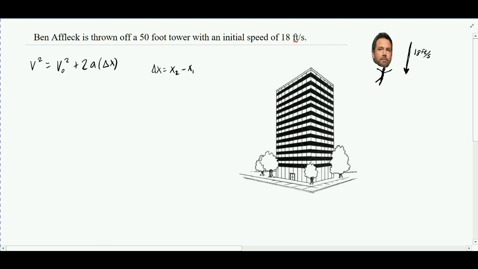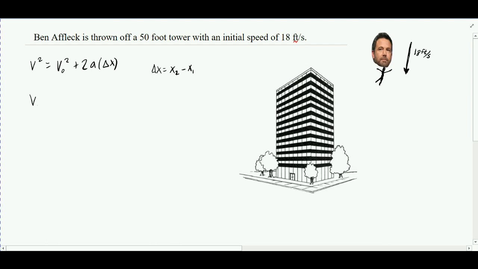Now the two things we want to find out, I didn't write it in the question, sorry about that, are the speed of Ben Affleck when he hits the ground and how long it takes him to hit the ground. Okay, seems easy enough. We can use this formula to do it.